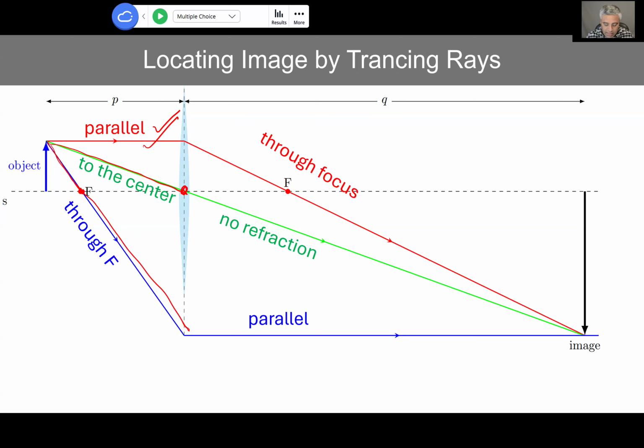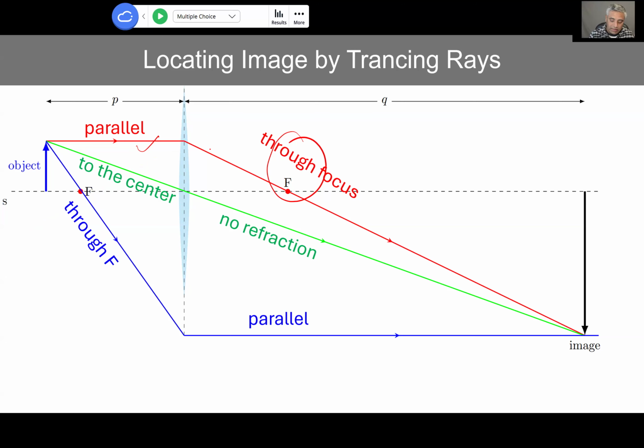To look at the image, we need just two if we draw correctly. Sometimes we may not be able to draw all three, but for most cases we should be able to draw these three. And we want to keep this in mind. The parallel ray passes through the focal point, just like for the mirror. But for the mirror, it was reflected and went through the same side of the focal point.